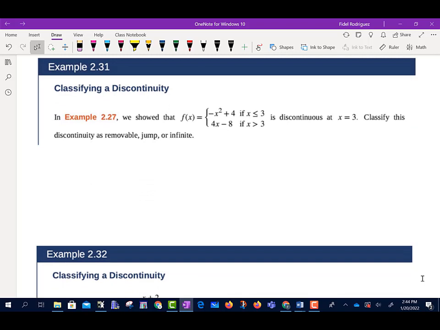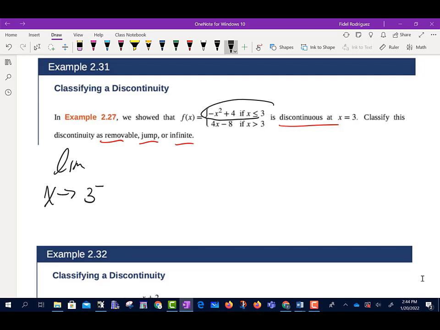All right, so now, same thing here. We want to know, since the function is discontinuous, is this removable, jump, or infinite? So again, look, we're going to do this right here, y'all. Let me get my pen working. Sometimes it freezes on me. Here we go. We're going to take the limit as x approaches 3. We're going to take the limit from the left.